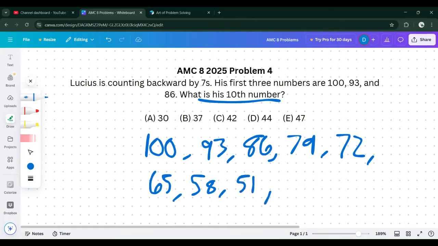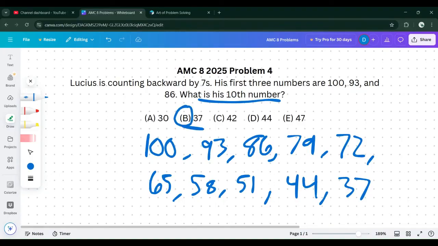So you will get 37 for your 10th number. Obviously there is a risk factor for doing this. If you're doing it really quickly, you might count wrong, which is pretty bad, but there is an answer choice for 37, so the answer choice is B.